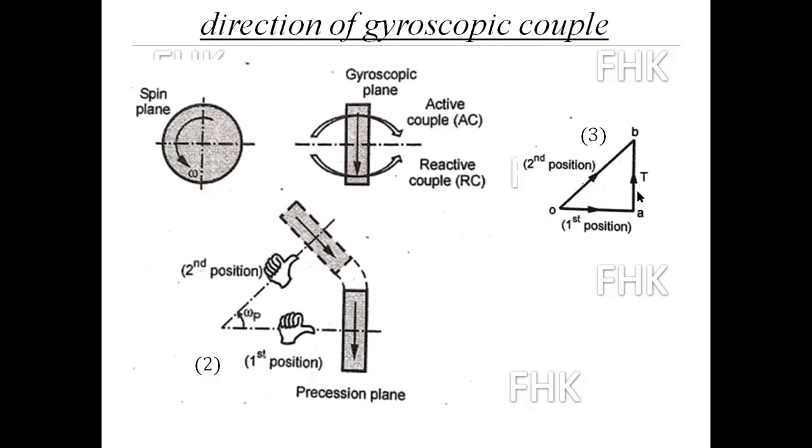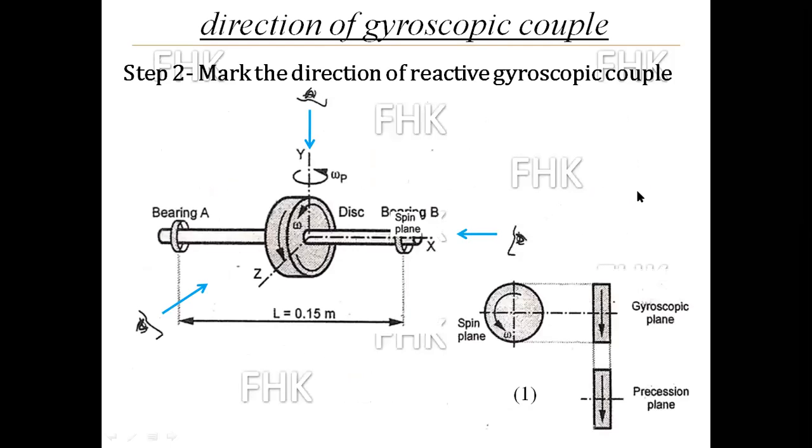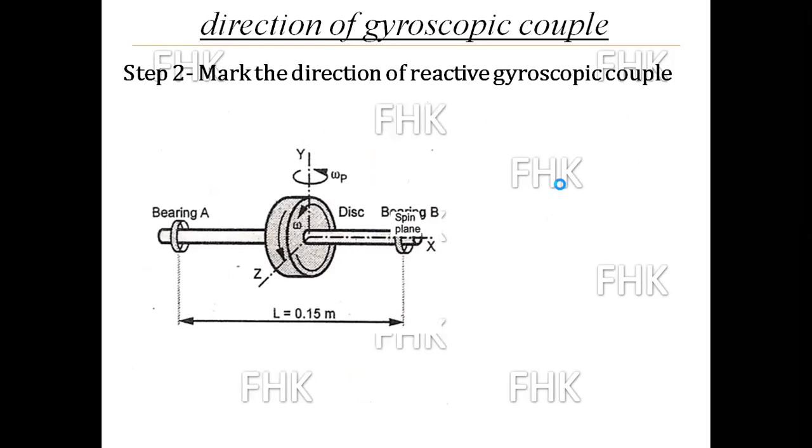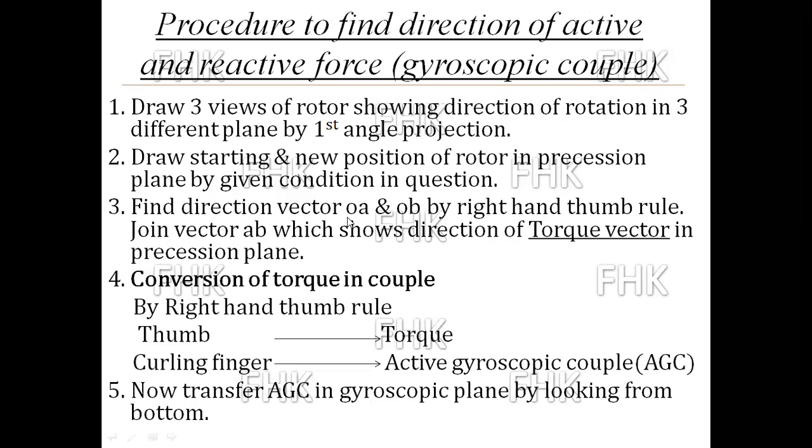Now the next step is to find the direction of the vector. Find the direction of vectors OA and OB by the right hand thumb rule, which we have already found out. Join vector AB, which shows the direction of the torque vector that we have to find out.